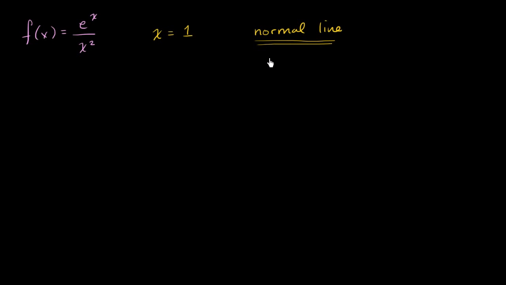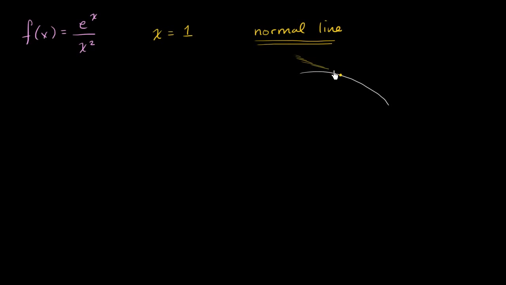And if you need a little bit of a hint, the hint I will give you is that the slope of a normal line is going to be the negative reciprocal of the slope of the tangent line. If you imagine a curve like this, and we want to find a tangent line at a point, it's going to look something like this.